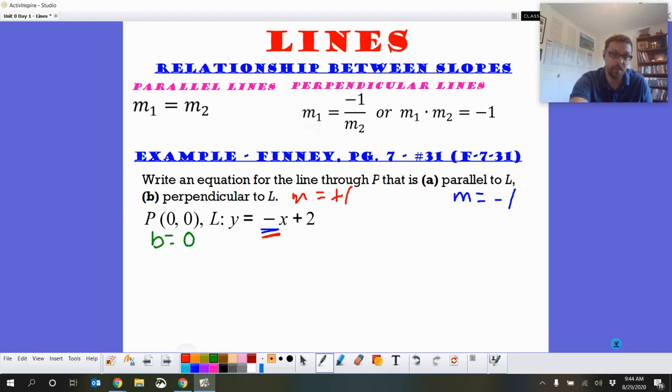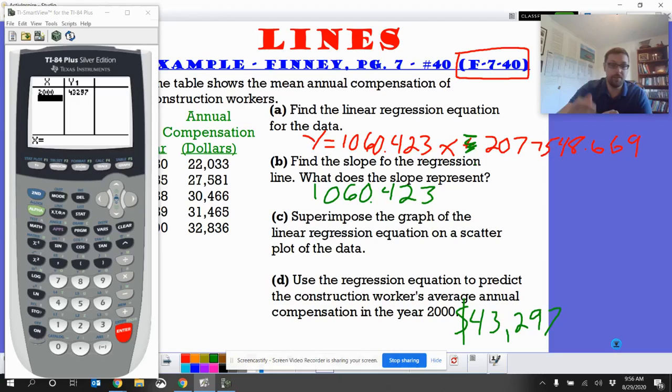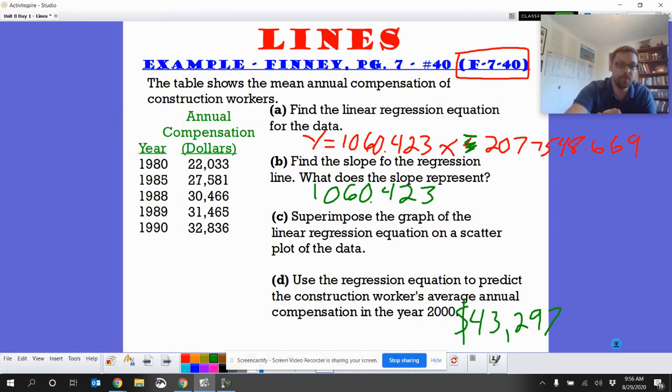So the first one, the parallel one, would be y equals my slope, which is negative 1, so negative x, plus 0, but that seems a little silly to write plus 0, so it's just y equals negative x. To do the perpendicular one, it's just y equals positive x. Done.